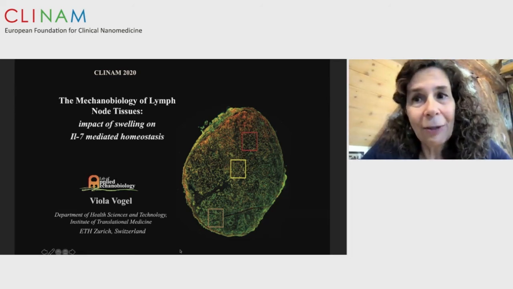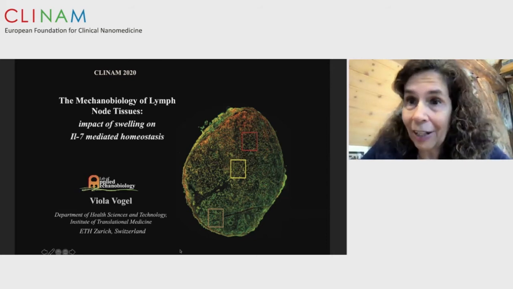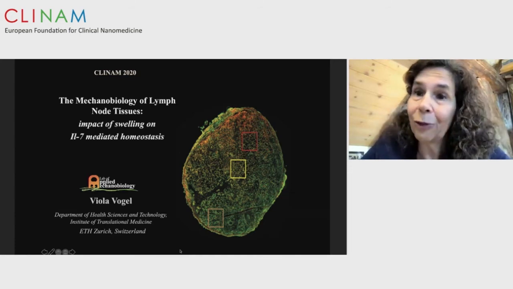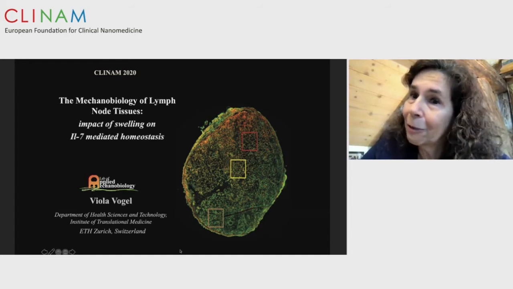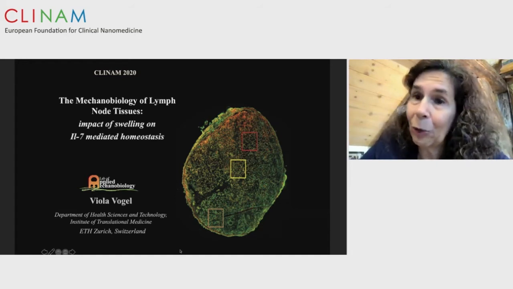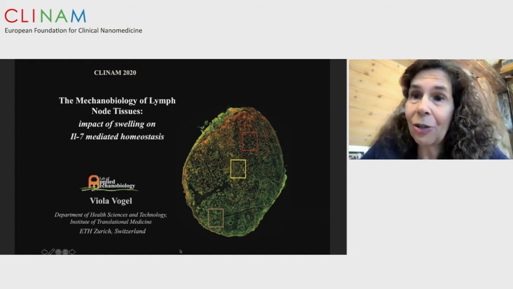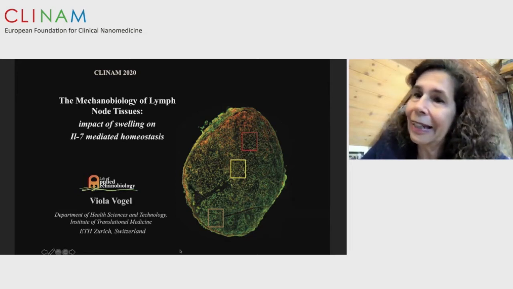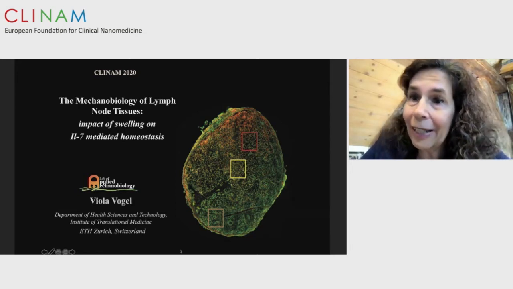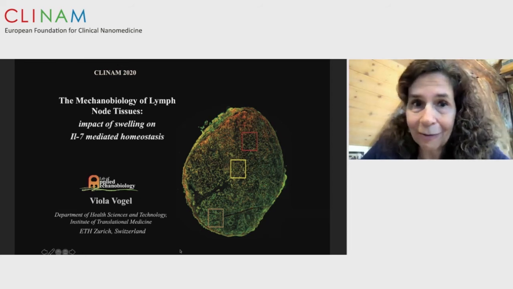And as we try to understand how to combat infections more efficiently, inflammatory processes more efficiently, we are also looking at, in the moment, lymph node and lymph node tissue, and whether there is some knowledge that we are lacking right now in terms of how lymph nodes function.